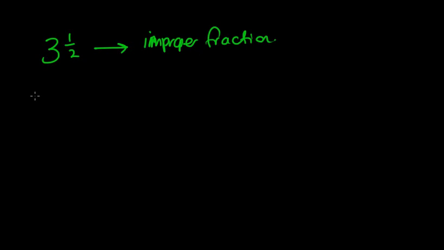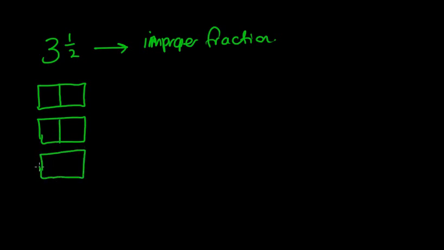So what this means, if I do the long way again, we have 3 wholes. Now, we know it's split up into halves, because it's over 2. So that's 1 whole, that's 2 wholes, and that's 3 wholes. And then I've got 1 out of 2 left over. So again, what I've done there is 1 whole, 2 wholes, 3 wholes, and 1 left over.